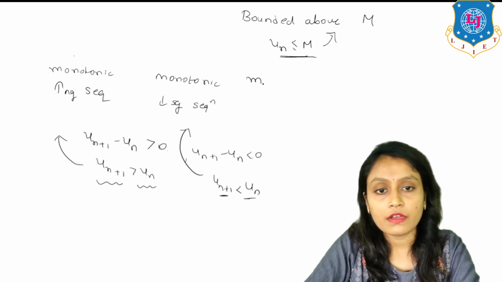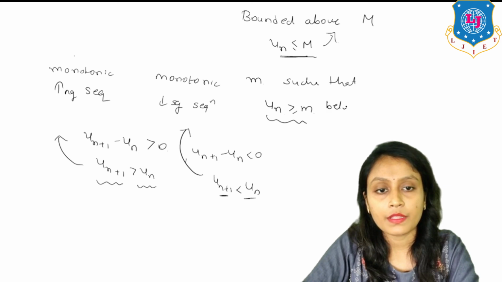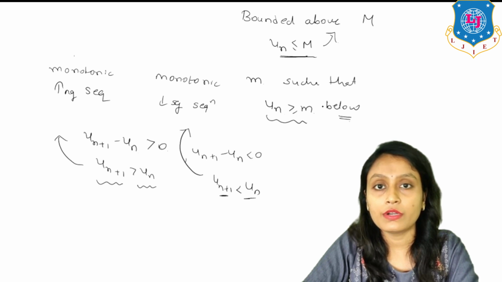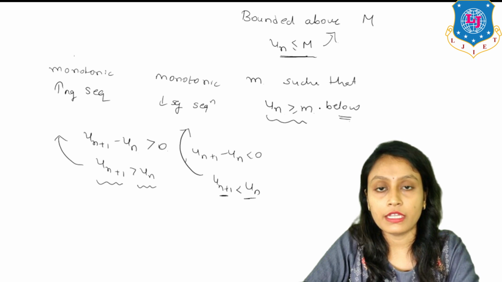Or if we have a small m such that all the terms of un are greater than or equal to this m, then we can say that the sequence is bounded below, right? And if the sequence is bounded above and bounded below, then such a sequence is a bounded sequence. Okay, and if the sequence is bounded and monotonic, then the sequence will be convergent.